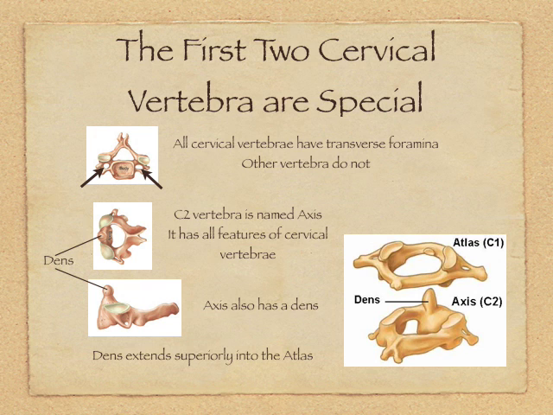If you were to look at the axis, or the atlas, which is a sort of ring-shaped bone, the dens would fit right here in the anterior position on that atlas vertebra. So there is a unique axis, which is like every other vertebra, has all of the regular parts of a vertebra, but it has this dens that reaches up and sort of stabilizes the C1 vertebra called the atlas.